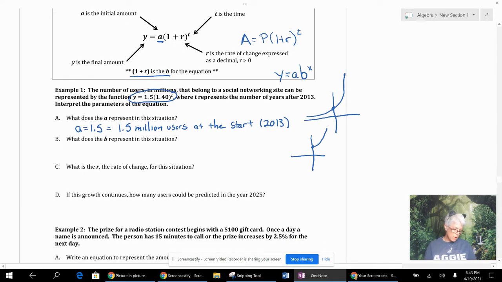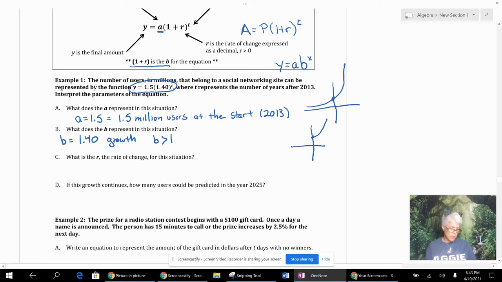Okay, what does B represent in this situation? The 1.4 shows growth because B is greater than 1. So I can just look at the equation, see 1.4, and know that it's growth. If it was less than 1, it would be decay. What is the R? The R is our rate of change.